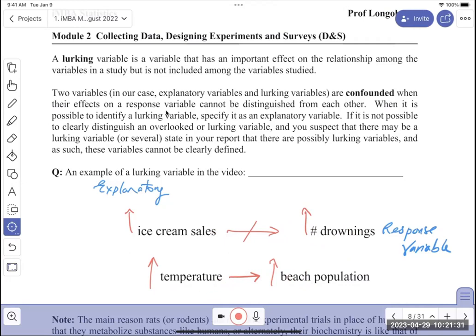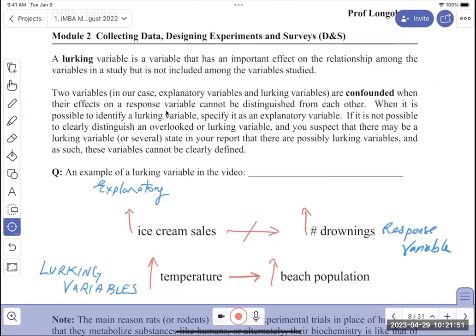Now, what I'm going to do first is say, let's take this back. So these are lurking, these are behind. Until you call them out, we're going to call these lurking variables. These are the variables we're discussing right now, right? Temperature and beach population.